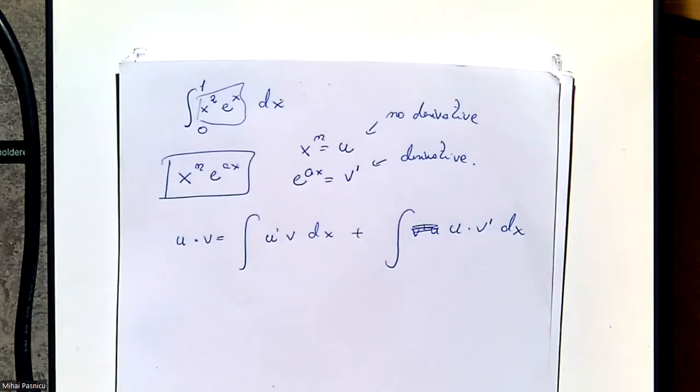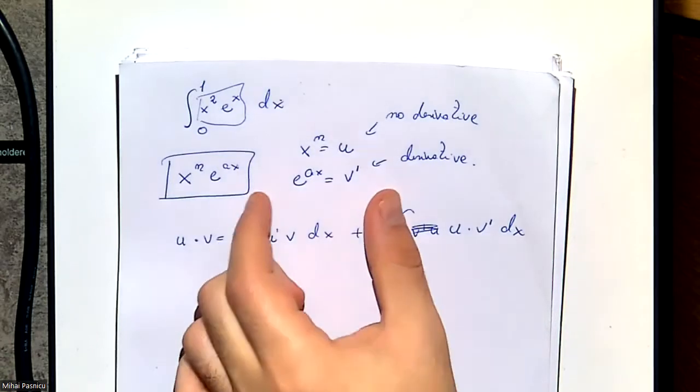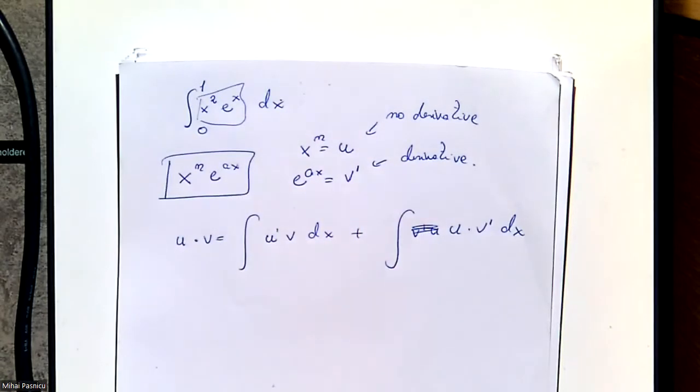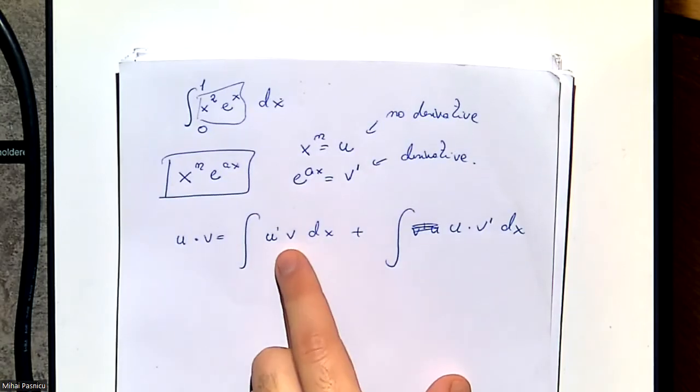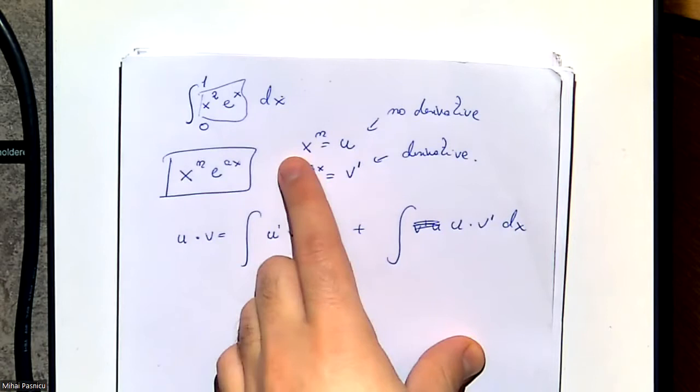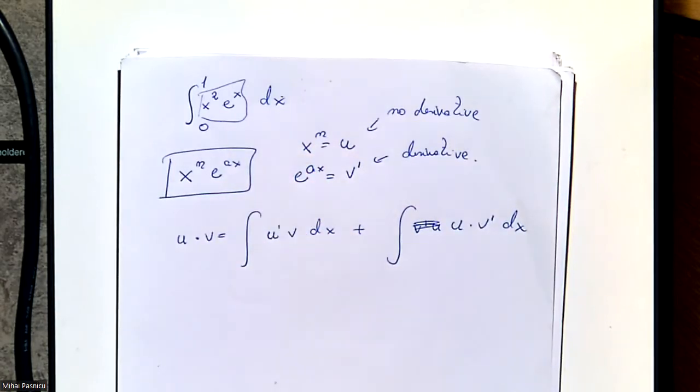Okay. Now, why is it? Am I just creating this out of magic? No. The idea is that if you take e to the ax as the derivative, then when you write your formula, you're going to have to take a derivative of x^n. Okay. What happens to power functions when you take a derivative? The coefficient just goes down.